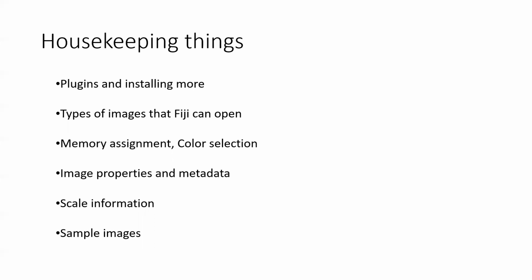But anyways, the point being, Fiji can open any image which is part of the various microscopy vendors, and give it to you. The good part about Fiji also is that whatever metadata is associated with those images can also be read by Fiji using the bioformats importer.